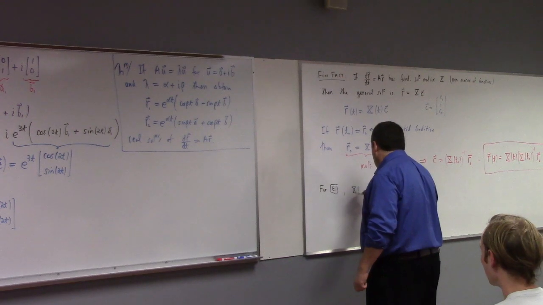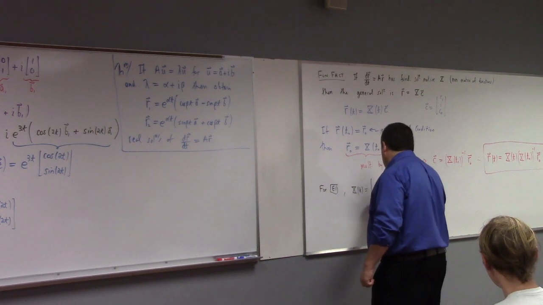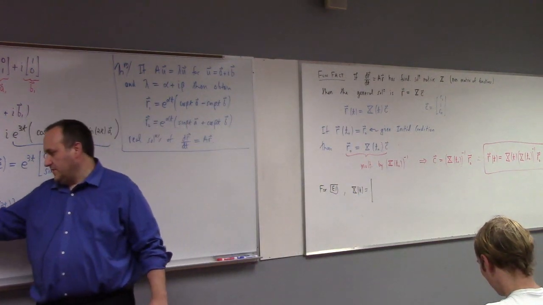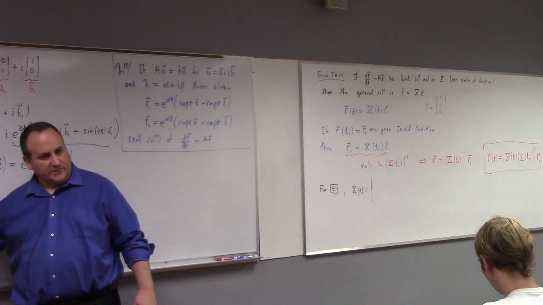We can build X of t. It's a 2 by 2 matrix. So what we do is just put the e to the 3t into the solution here.